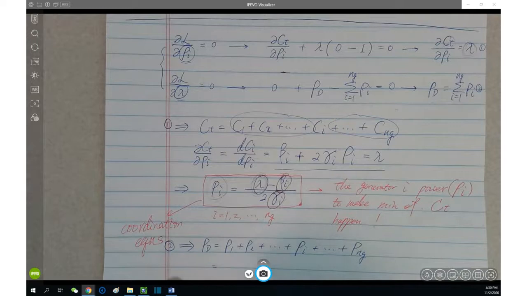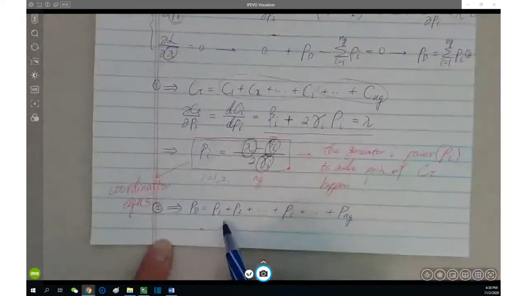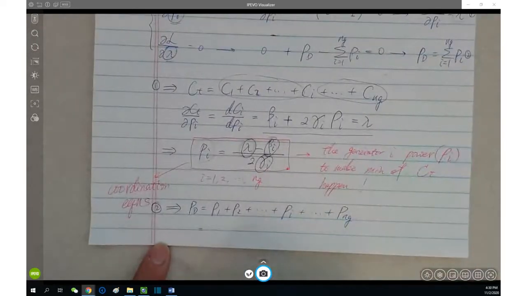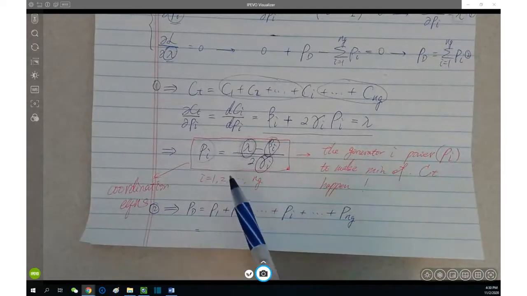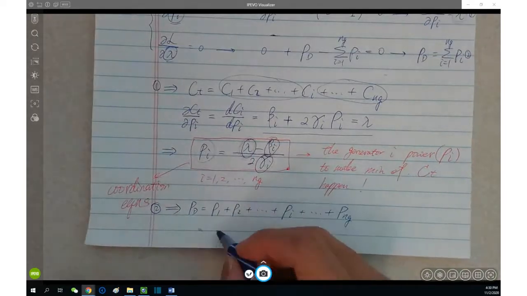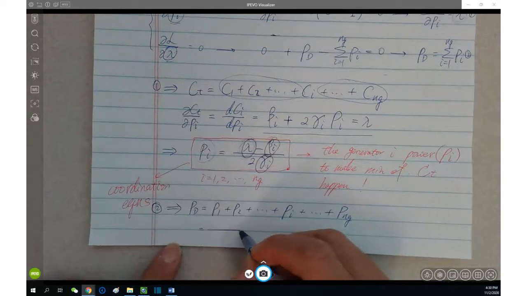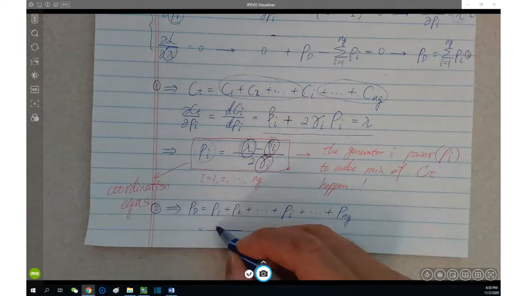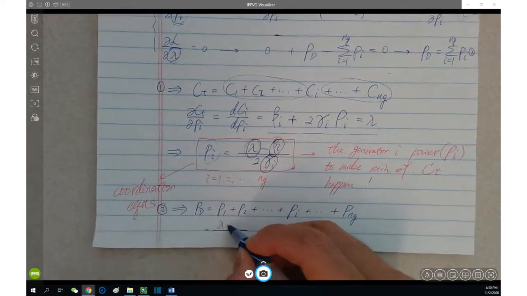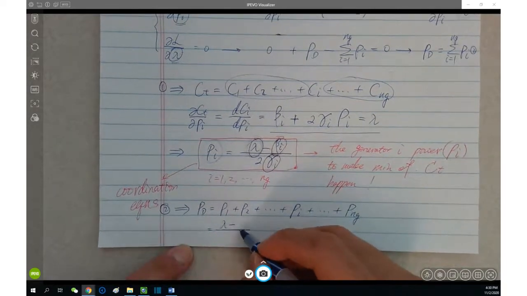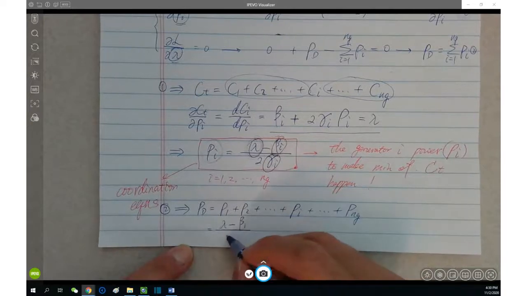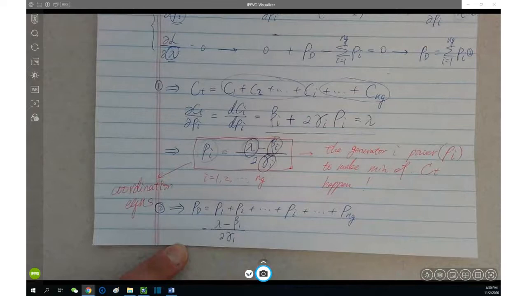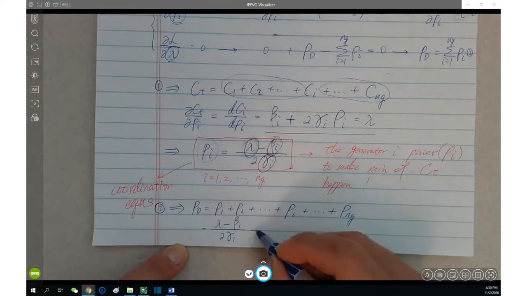And if we substitute the P's by the coordination equations, what do we end up with? How about this? P1 equals what? Lambda minus beta 1 divided by 2 times gamma 1. Does it make sense? This is P1. P2 is what?